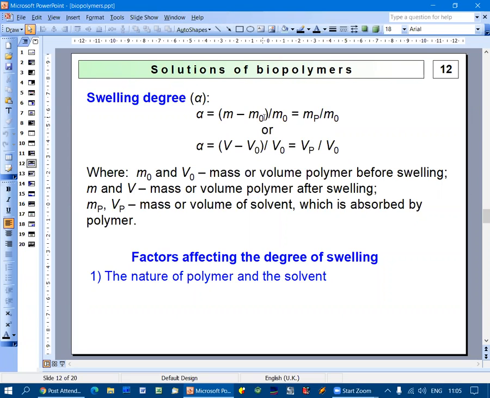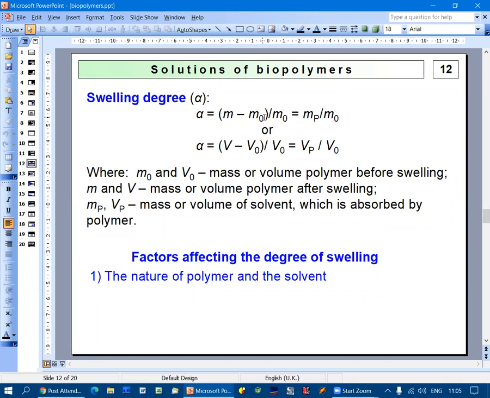The swelling degree depends on many factors, and first of all, the nature of polymer and the solvent, because there is a good rule in chemistry: like dissolves like.